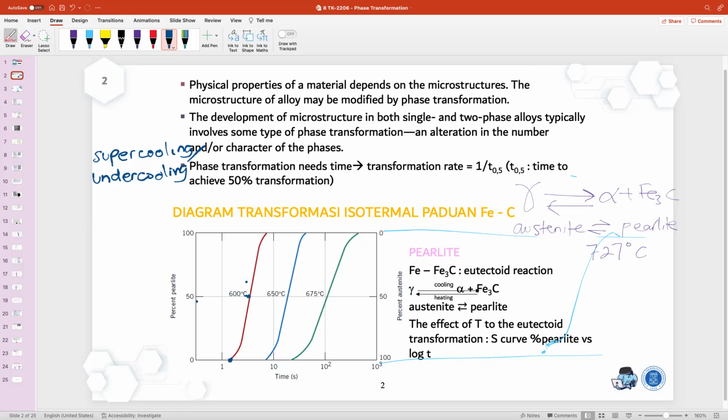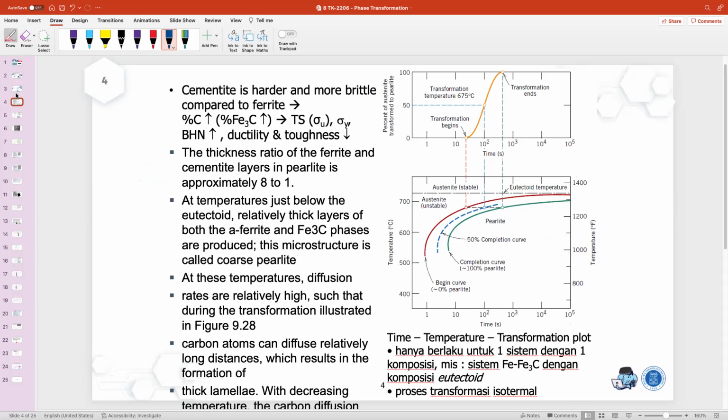Here at half, 50% pearlite has formed, and the remaining 50% is still austenite. And here, when the time is finished, all of the austenite has been transformed into pearlite. Okay, up to here, any questions? No? Okay, let's move on to the next part.